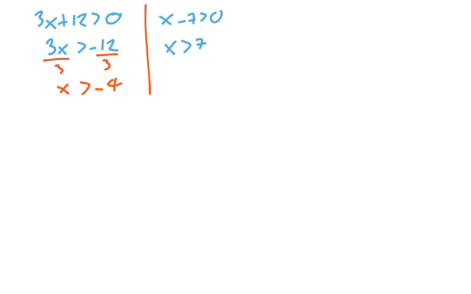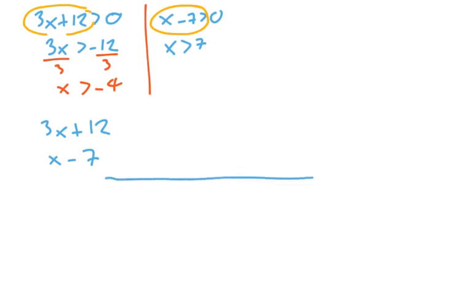Now these are the factors that I'm going to have in my sign chart. So let's start our sign chart with these 2 factors and draw a number line underneath. And you may remember this from the first video.